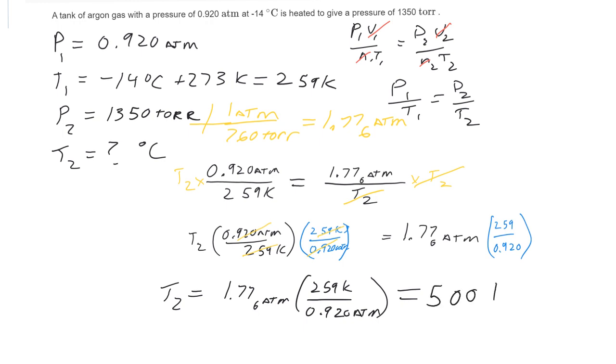It's a thing of beauty, I tell you. 500 Kelvin. The people that wrote this are troglodytes and want your answer in Celsius. So you're going to have to go ahead and subtract that 273 to get back to the Celsius scale. And that's going to be 227 degrees Celsius.